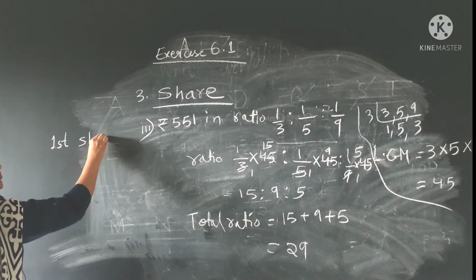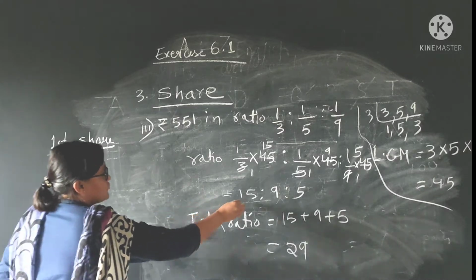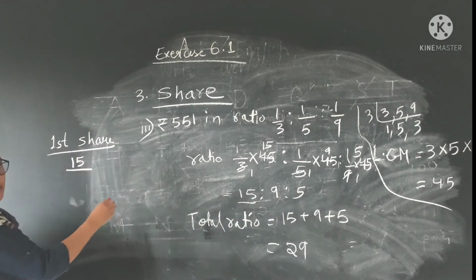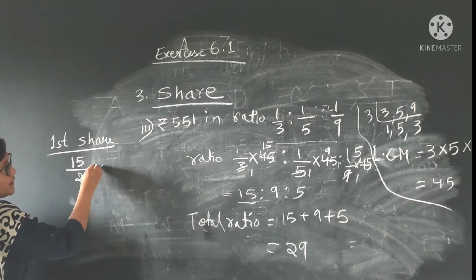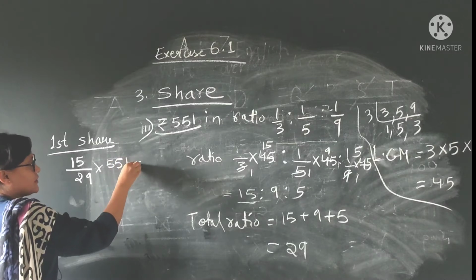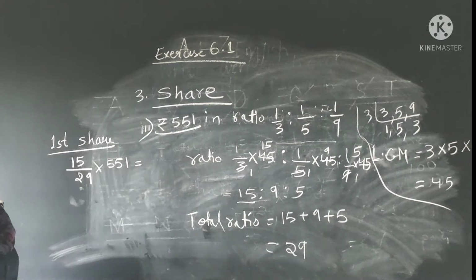Alright. So first share, your first share is how much? 15 out of total 29, and what you are dividing? 551. Now as you can see here, 29 is a prime number, so it will be divisible by only 1 and itself.